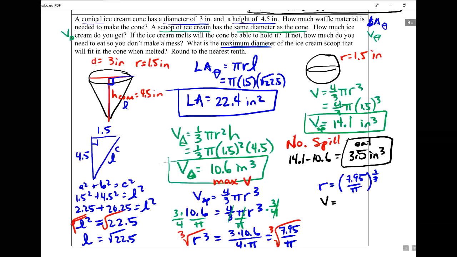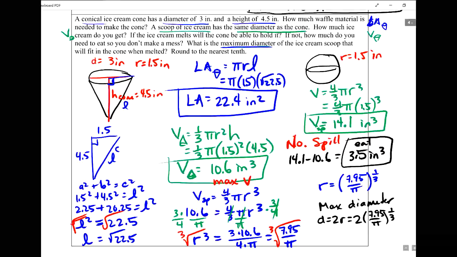Oh no, we don't want volume, we want diameter. Erase. So max diameter is just d is 2r, so that's 2 times 7.95 over pi to the 1/3. I'm going to throw all that in my calculator.